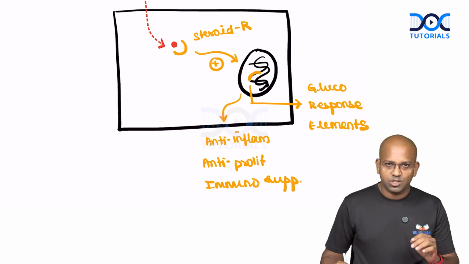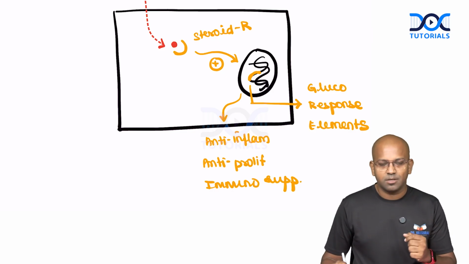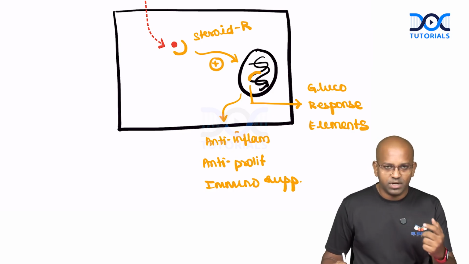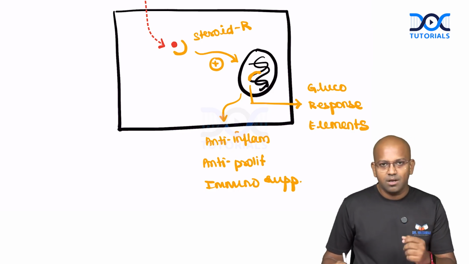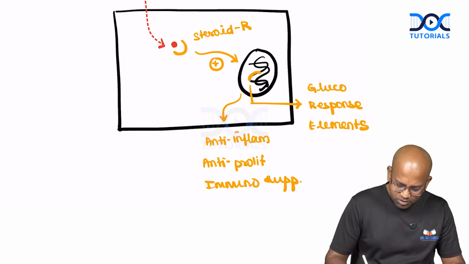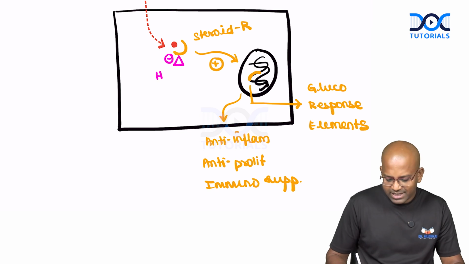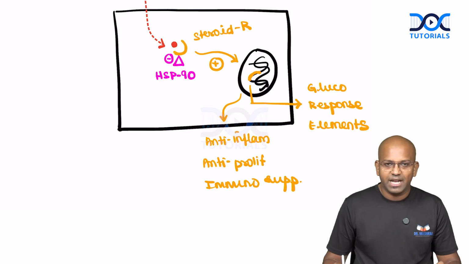But sir, we have a famous question. Why isn't the steroid receptor moving inside beforehand? It should have been, but it is not happening because usually this steroid receptor is bound and inhibited by a particular molecule called HSP90. We know HSP90, heat shock protein, an important topic in your physiology, my dears.